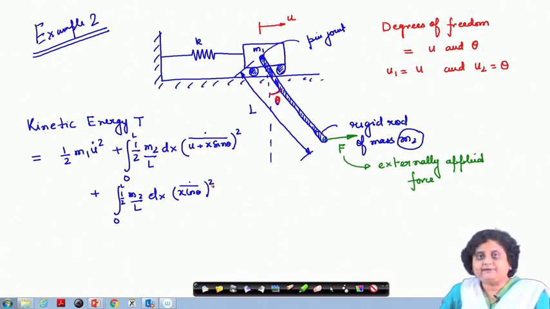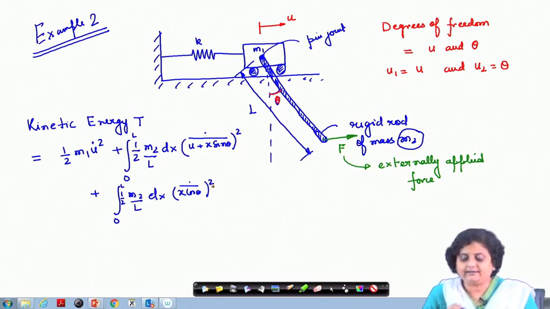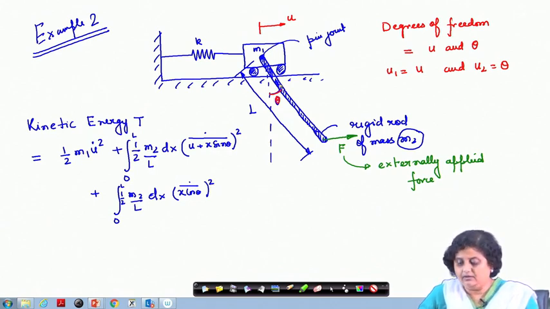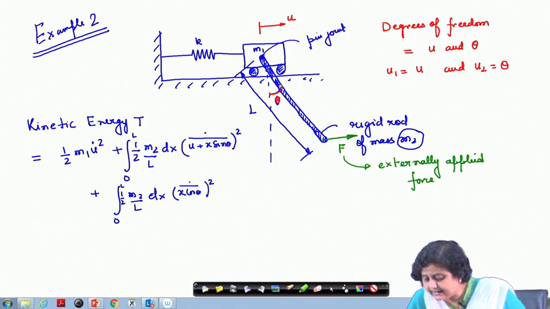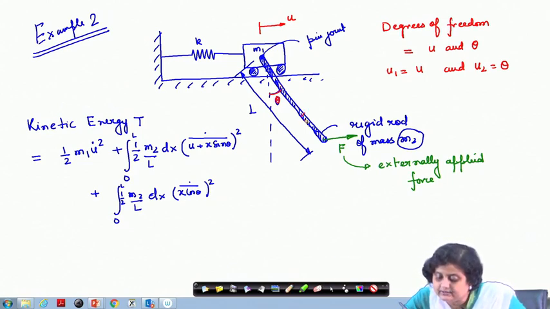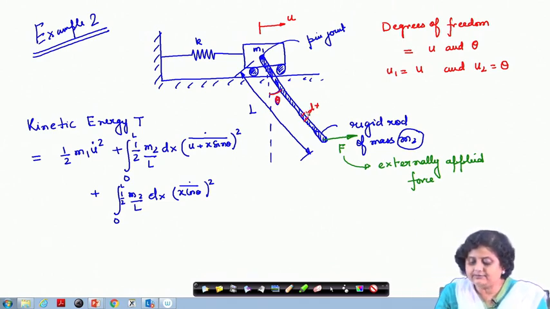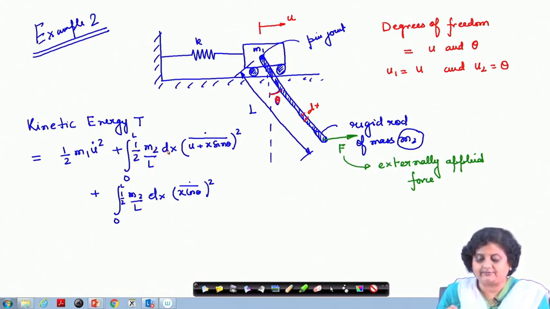So, to find out the kinetic energy of this rigid rod, I have taken a small elemental portion dx, and therefore the mass of this elemental portion is m2 by L into dx.